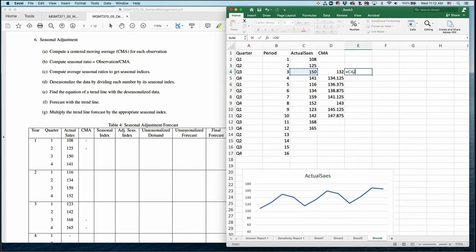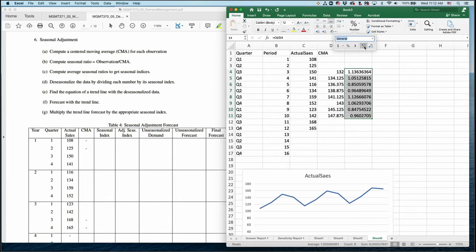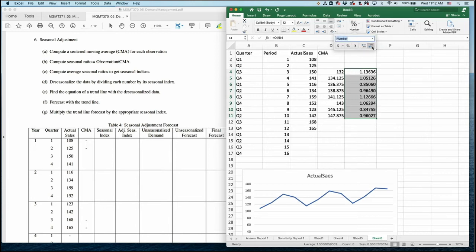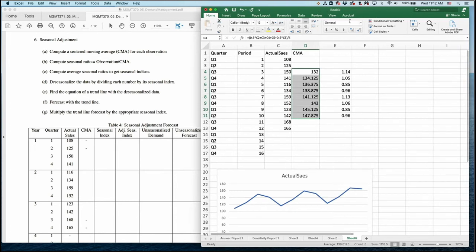So we have these seasonal factors. Period 1 you have 1.1, and next quarter 3 1.1, and the next Q3 also 1.13. They are very similar, but they are different.